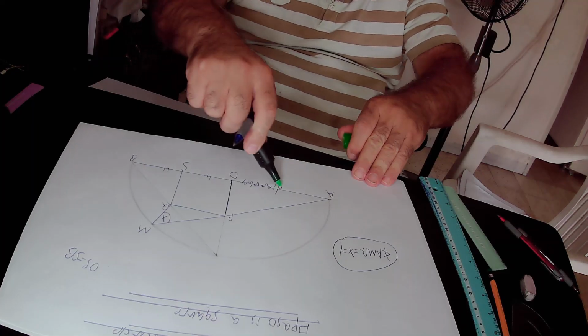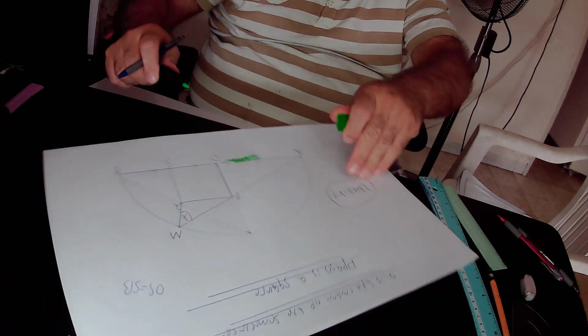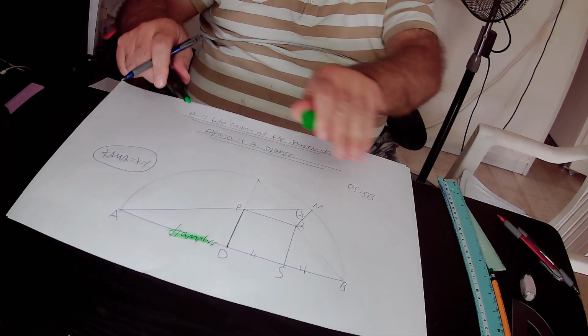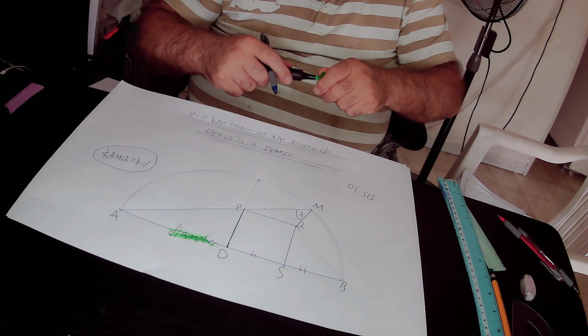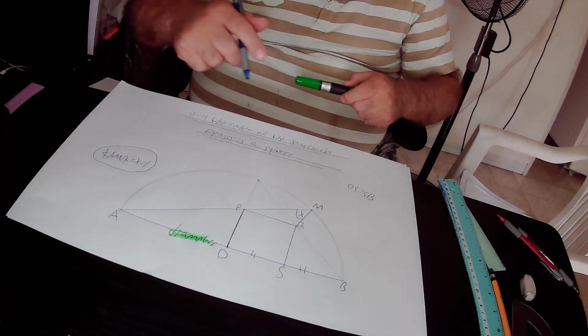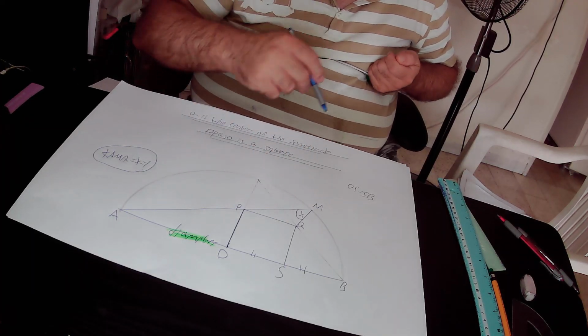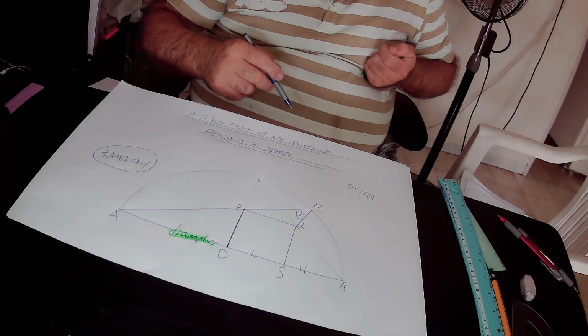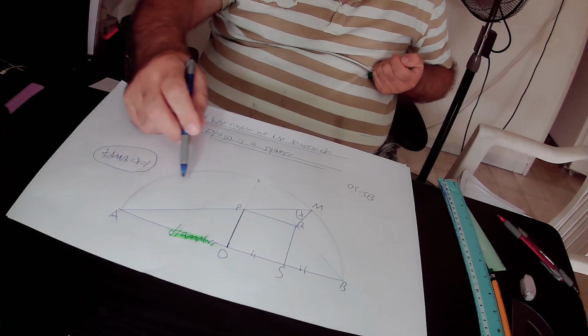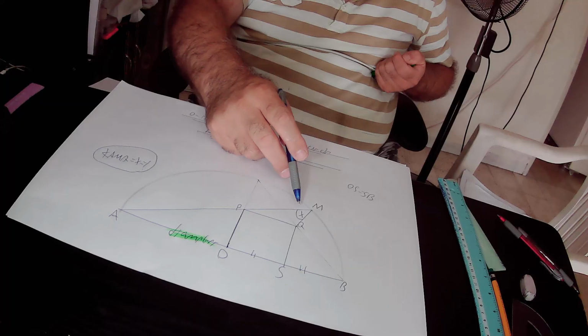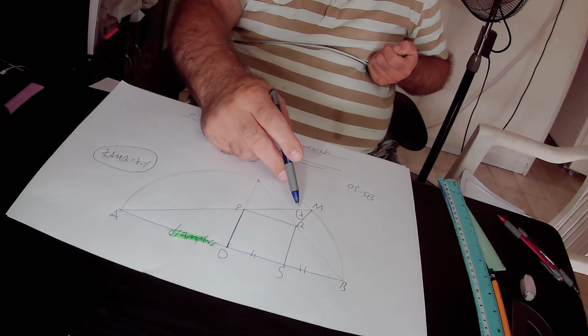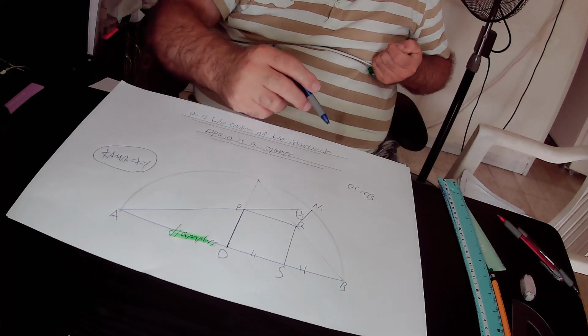In addition, we know that OS equals SB. Inside this semicircle, we have square PQSO. Again, our task is to find out the size of angle AMQ that equals x. We have to find out the value of angle x.